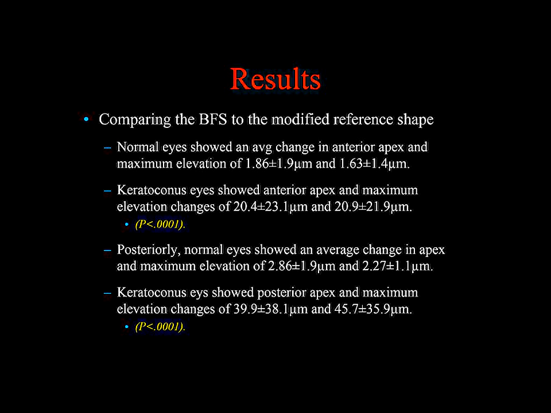On the posterior surface, the change going from the standard to the enhanced reference surface in normal eyes was less than 3, while it was roughly 40 microns on eyes with keratoconus.